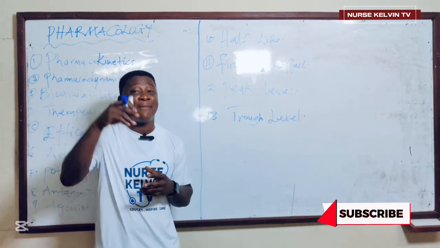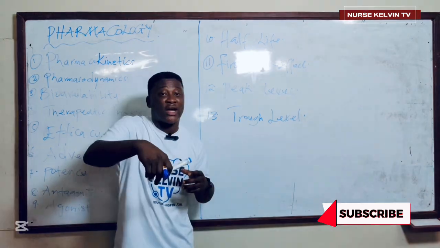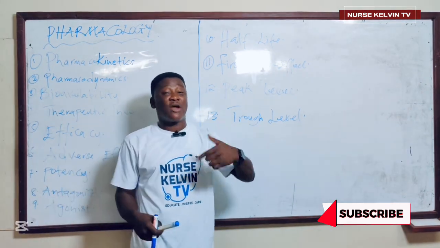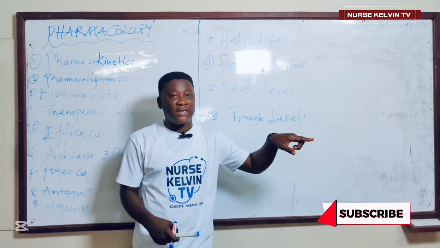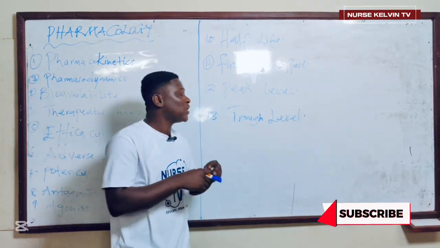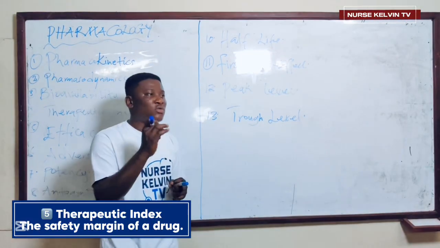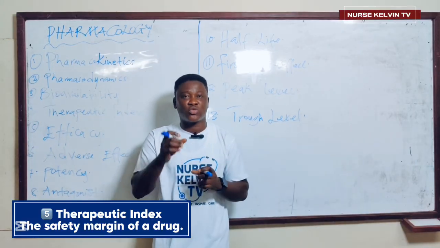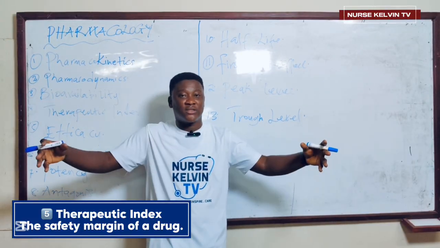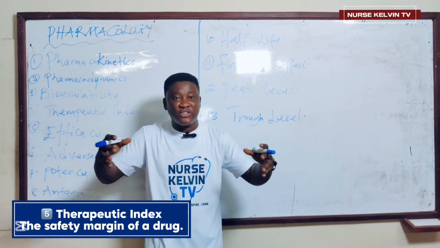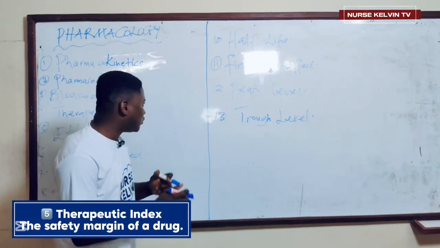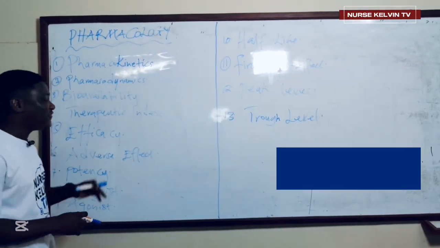Bioavailability will let you know the amount of drug that reaches the bloodstream or the circulation. So the next one is the therapeutic index. When we talk of therapeutic index, it's also about the safety margin of a drug. Then we have efficacy.